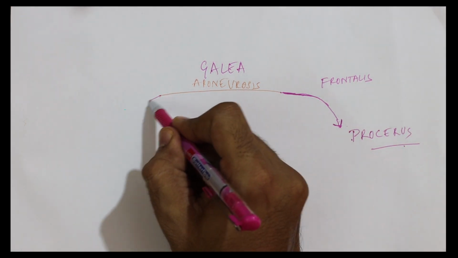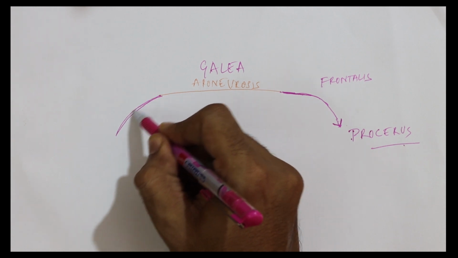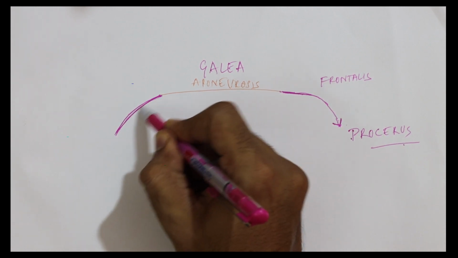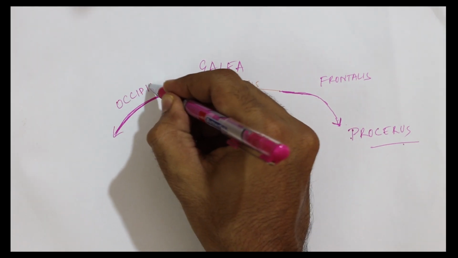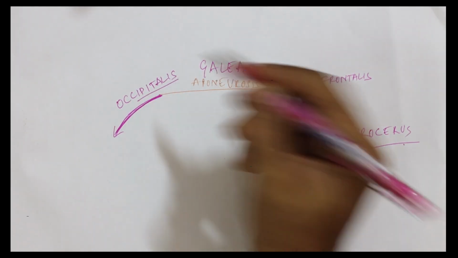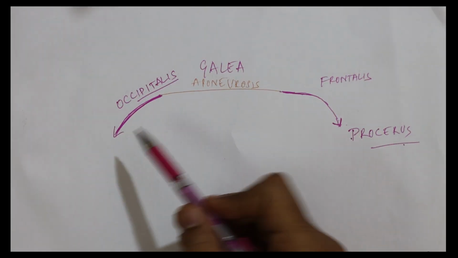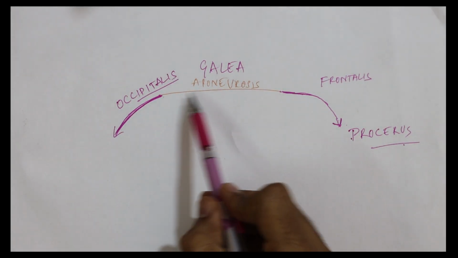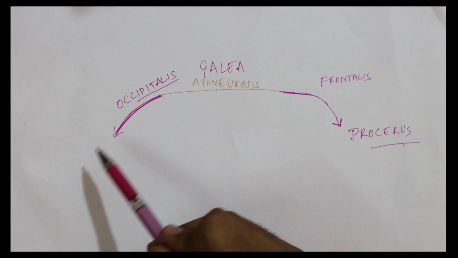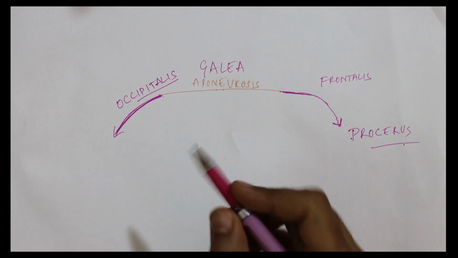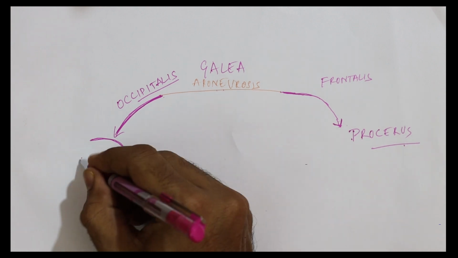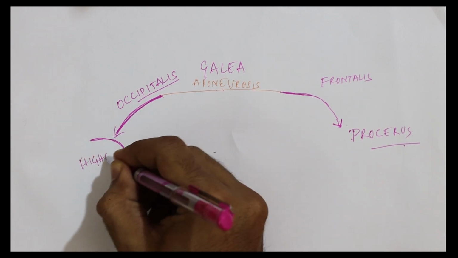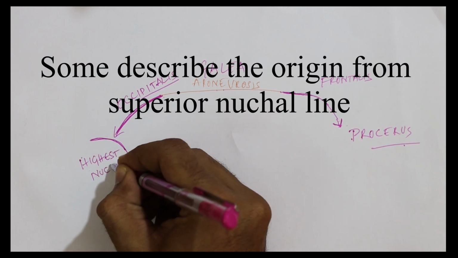Whereas posteriorly, there is one more muscle attached to the galea aponeurotica, which as I already described is called the occipitalis muscle. On one end it is inserted into the aponeurosis, whereas it takes origin from a point in the posterior aspect of the occipital bone, called the highest nuchal line.